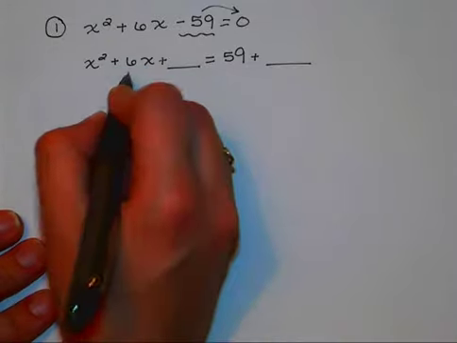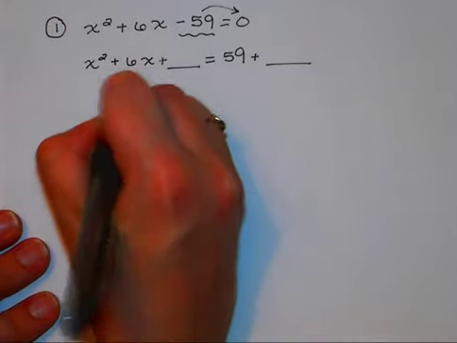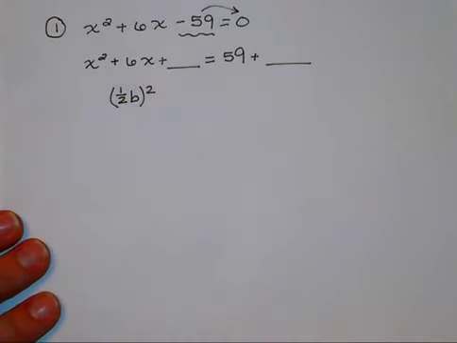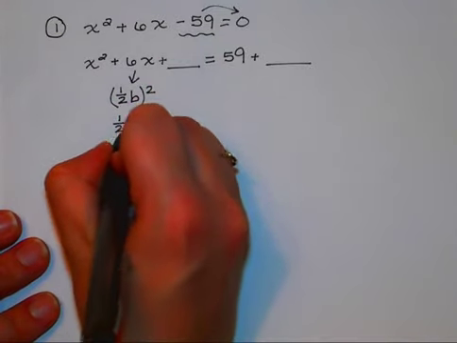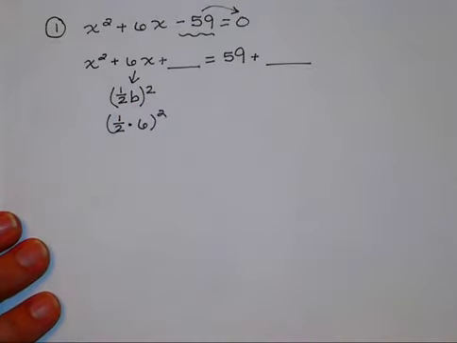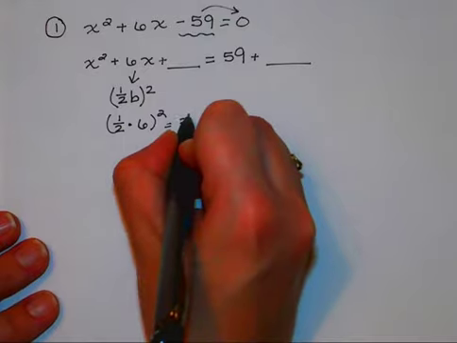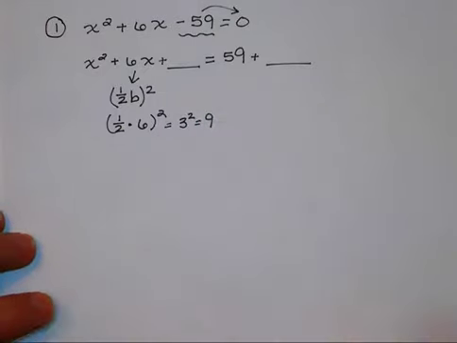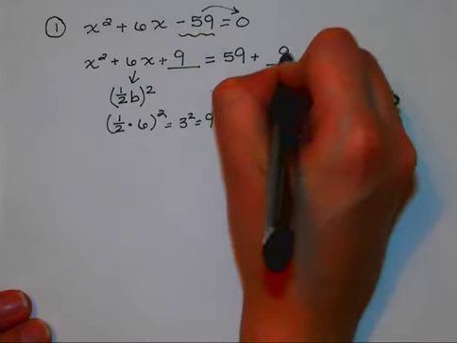So here, b is 6. We find half of b, and we square it. So if b is 6, we're looking at 1/2 of 6 squared. Well, half of 6 is 3. 3 squared is 9. So 9 is the number that we're going to add to both sides of the equation. So I'm going to plug it in to both of these spaces.